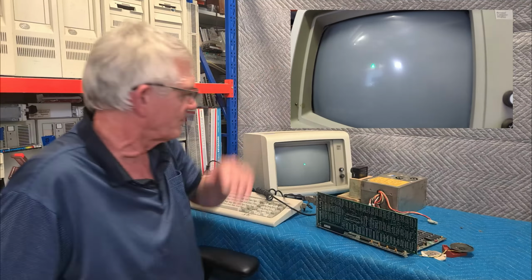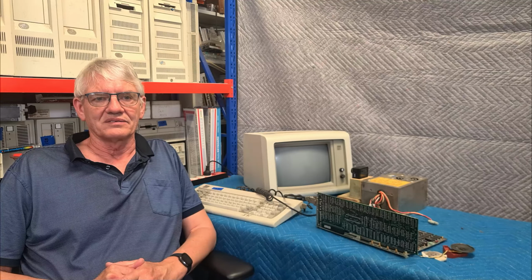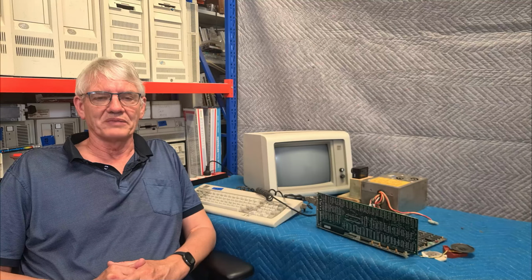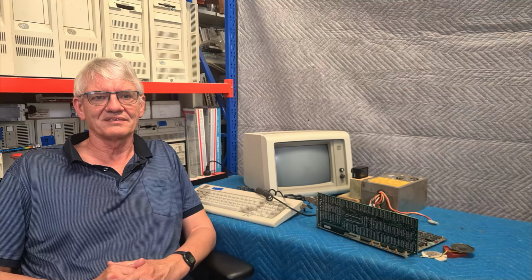Well, there's something still wrong with the MDA adapter. The diagnostic routine is complaining about it, but it happily uses it. And maybe that was the MDA adapter giving up the ghost for the last time.